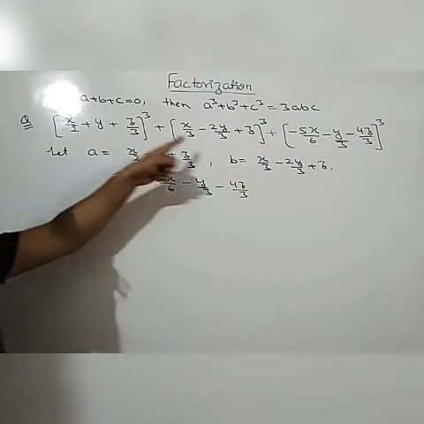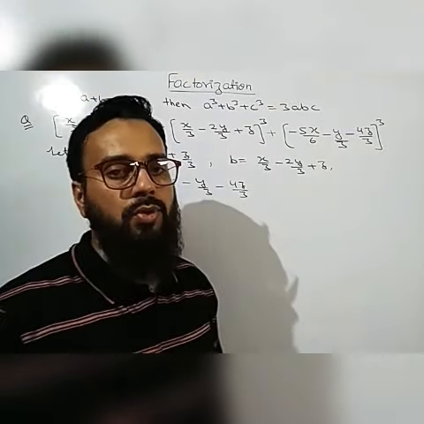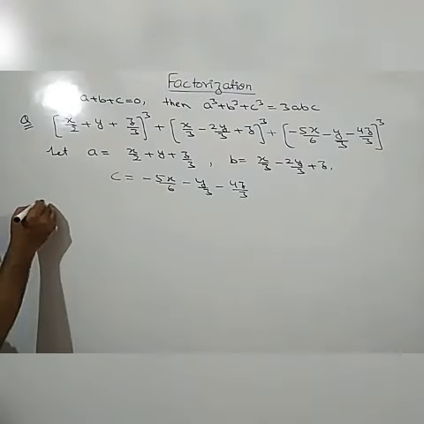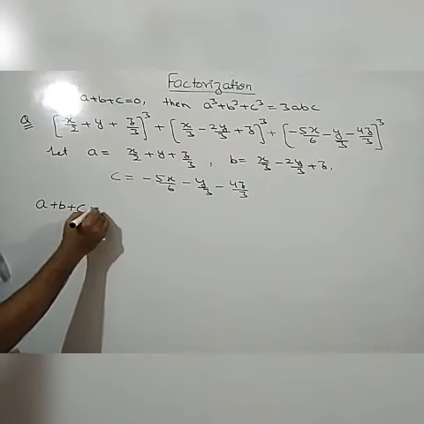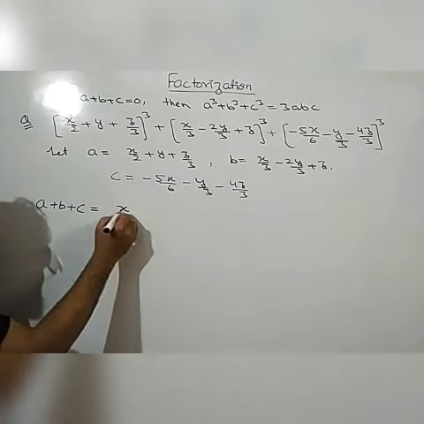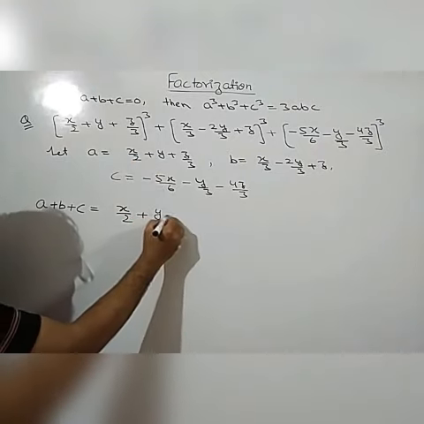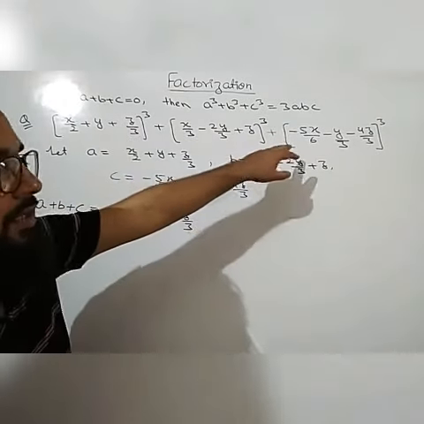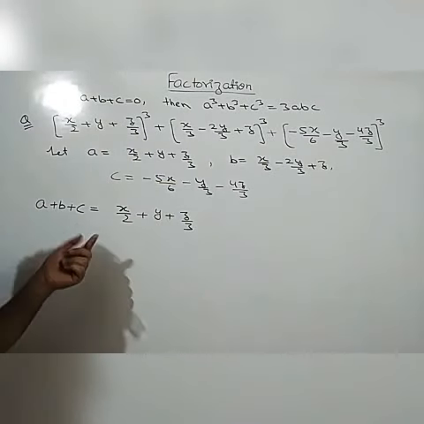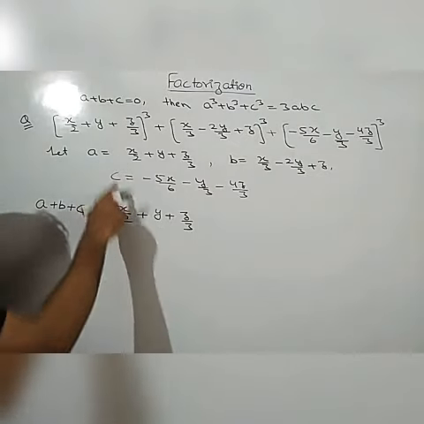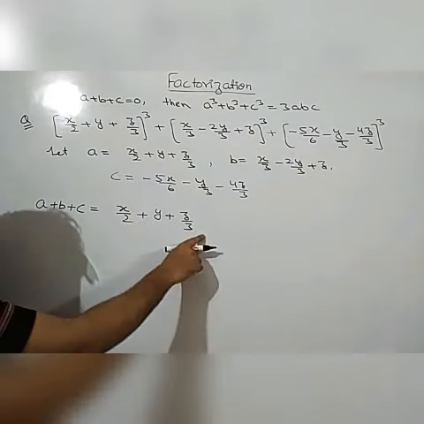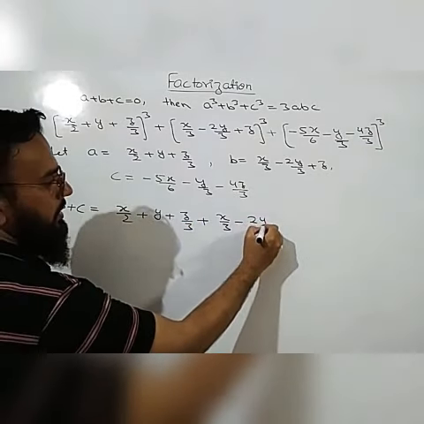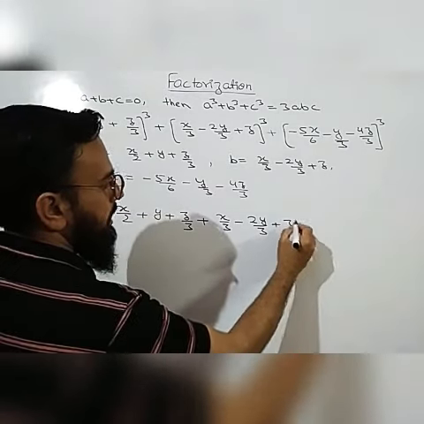Okay, so it is a cube plus b cube plus c cube. First we have to find the sum of a, b and c, that is a plus b plus c. Putting the values, a is x by 2 plus y plus z by 3, plus the value of b, x by 3 minus 2y by 3 plus z.